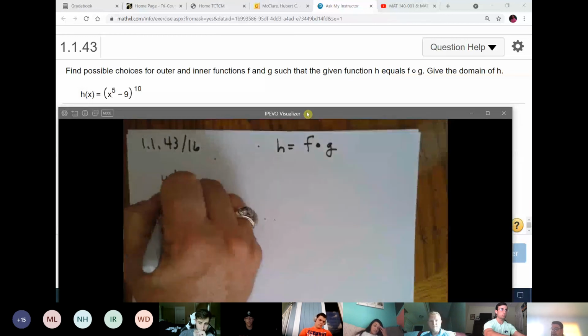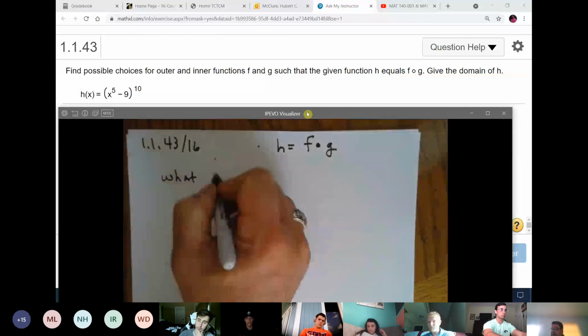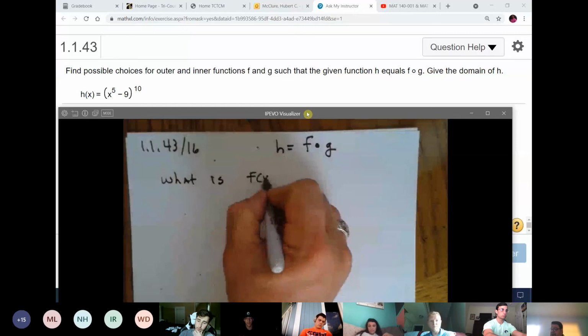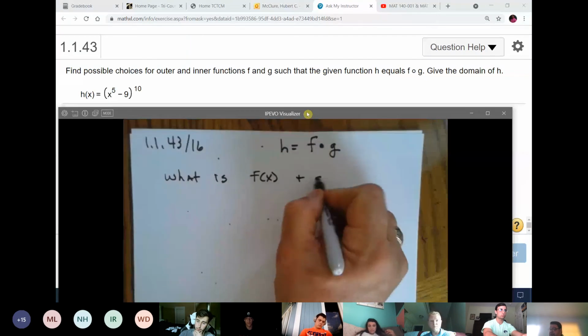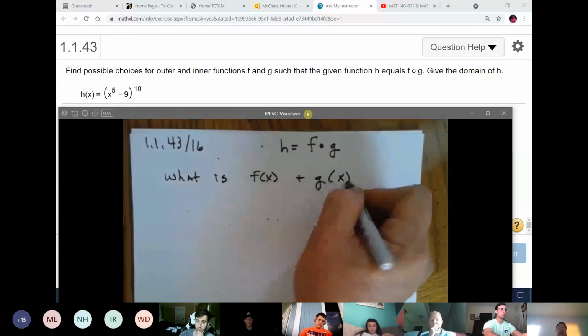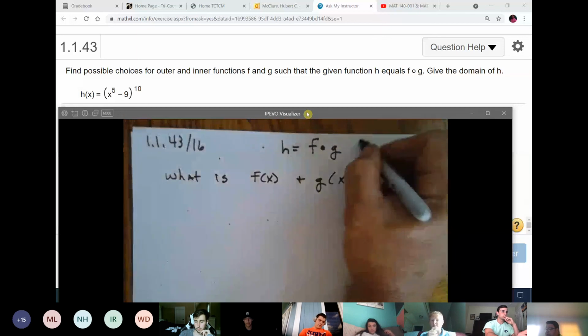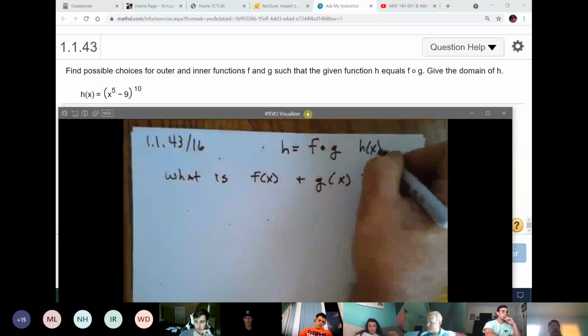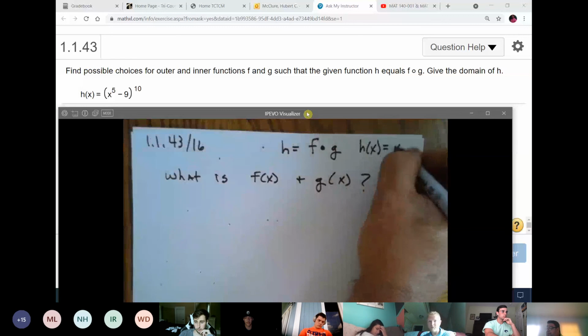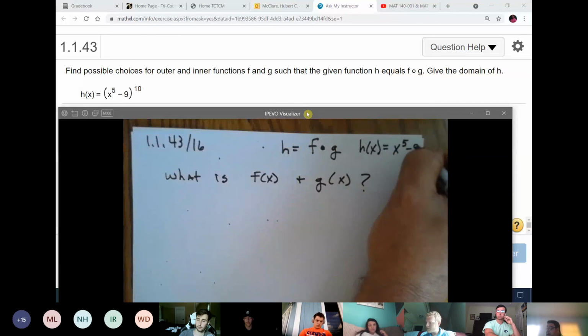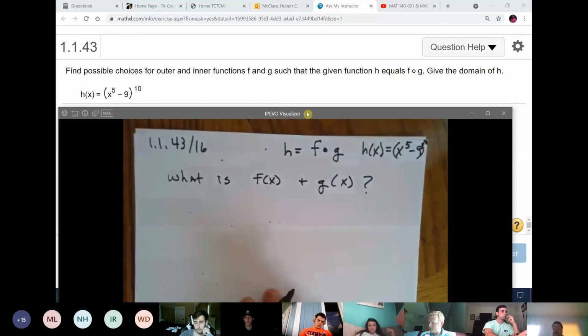What is f of x and g of x? That's the question right there. And they give you h of x is equal to x to the 5th minus 9 to the 10th power. Ran out of room, sorry.